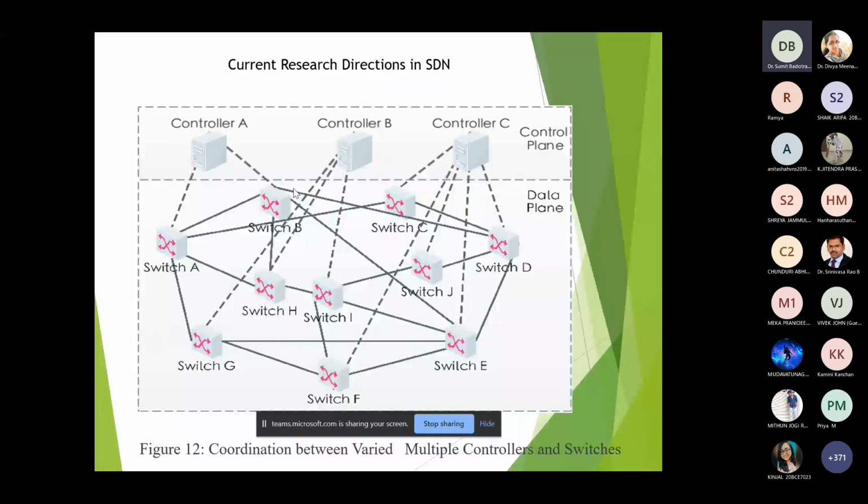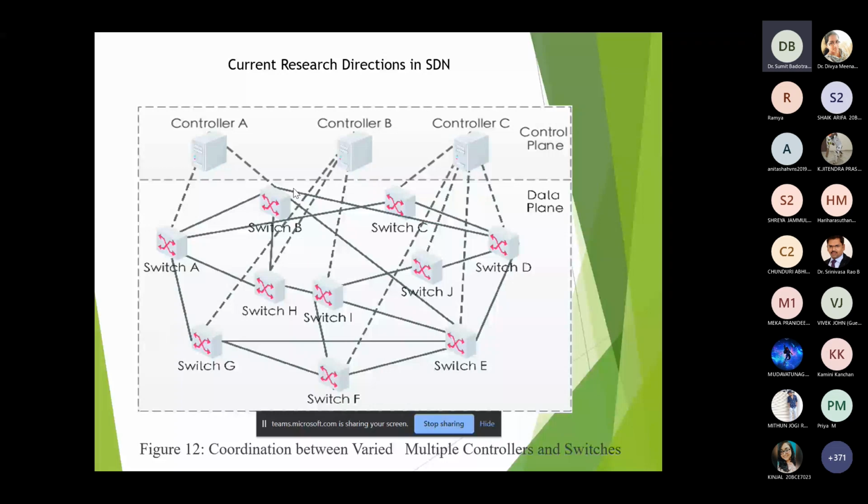So what are the different current research directions in SDN? I have already told you that so far there is one SDN controller, which bifurcates the network into different segments called the data plane and control plane. Now, what if something happens to the SDN controller? That is the only single point of contact. So what happens if something happens to the SDN controller? The whole network collapses.